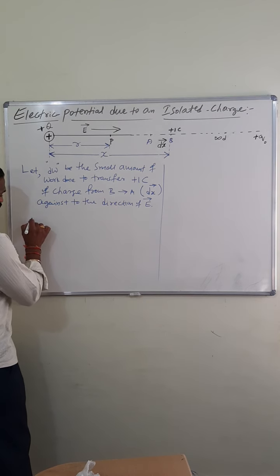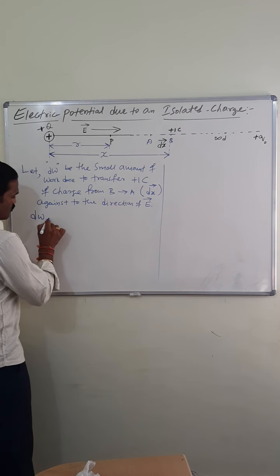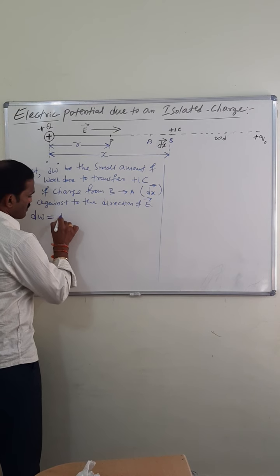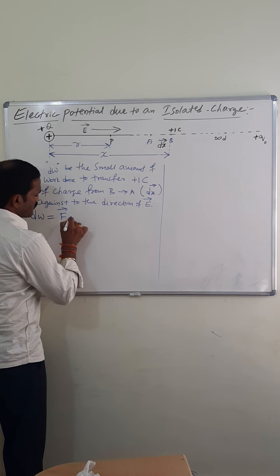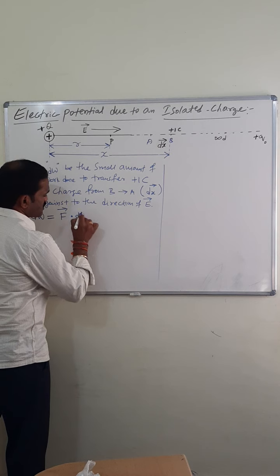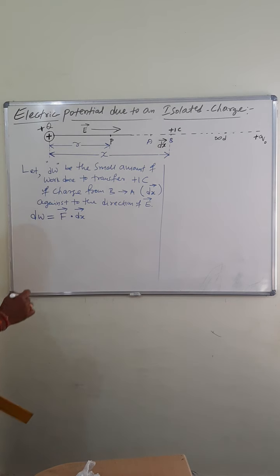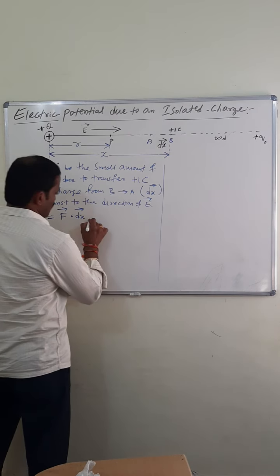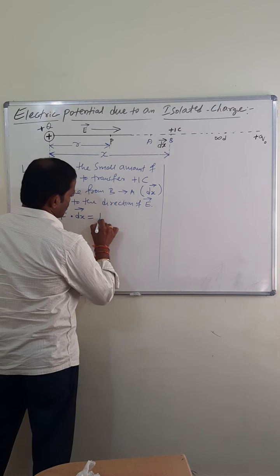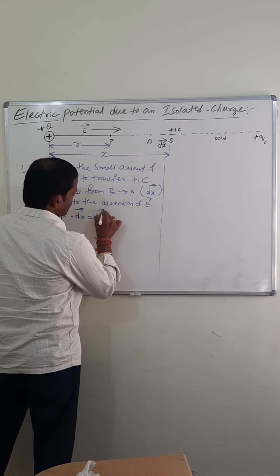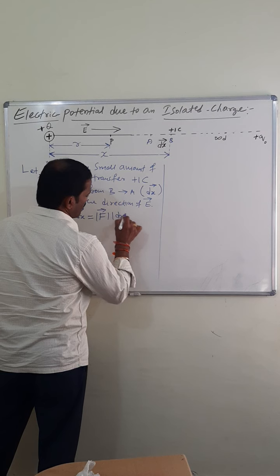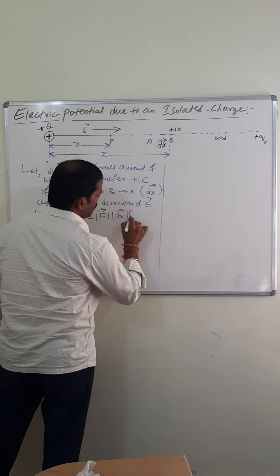Therefore, what is the formula for work done? Work done is equal to F dot displacement dx, A dot B. This can also be written as the magnitude of F into the magnitude of displacement dx into cos theta.